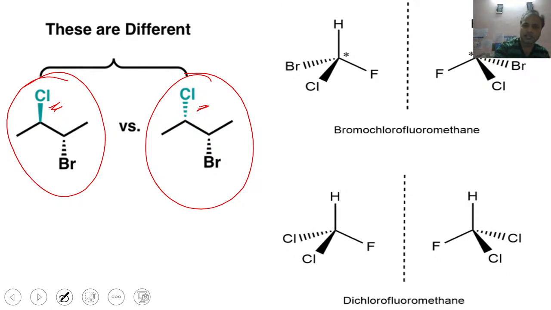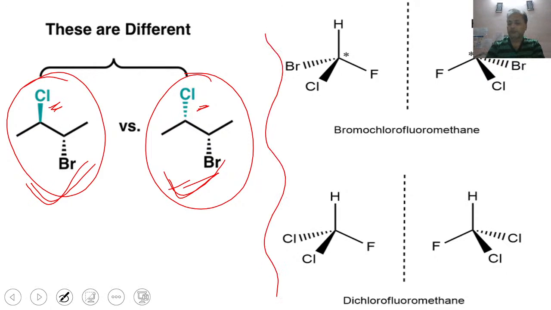If you have a dashed line, it means the group is away from you. So this compound is different from this compound. Everything is the same group, same place, but their 3-dimensional orientation has been changed. So this compound is different from this compound. Now we are going to look at these 2 compounds.